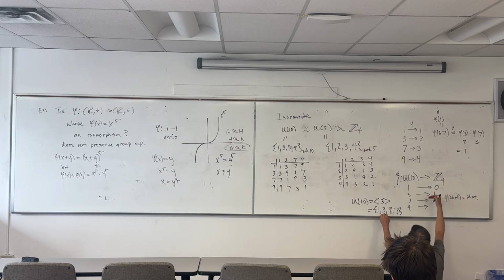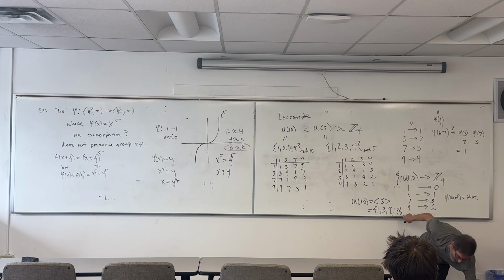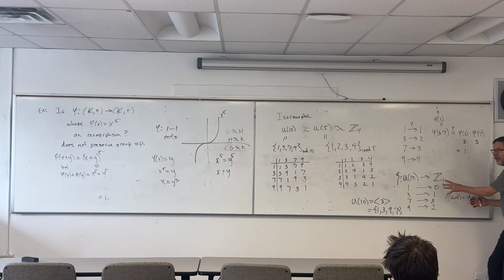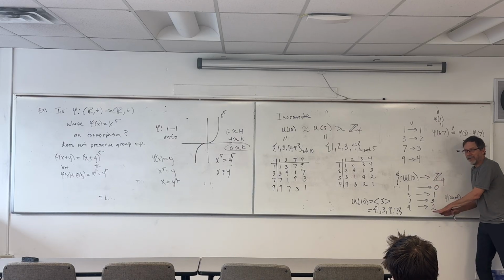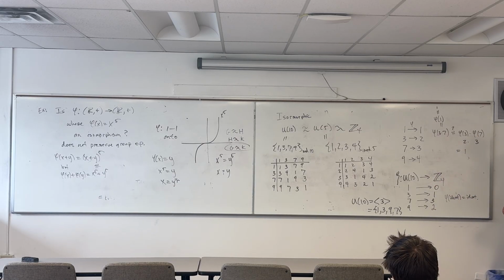But if I send it to 1 or 3, I'd be good to go. Then 3 squared I would have to send to the equivalent of 3 squared there, and so on, to get things to work out power-wise. So it's not always just the easiest, lowest hanging fruit possible.